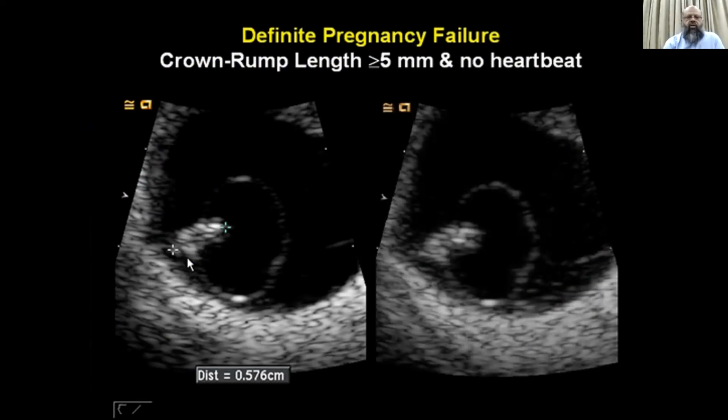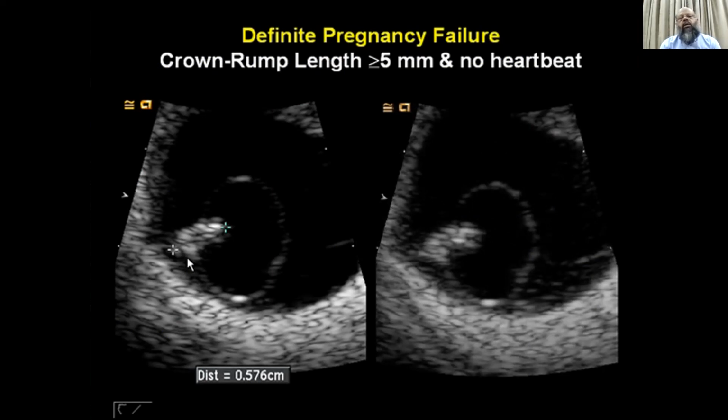In conditions where patients have no complaints, sometimes we wait for another 1 to 2 weeks. We can scan on alternate days to look for the presence or delayed appearance of the heartbeat. There are some reported cases in which the heartbeat appears a little later than in a normal gestational sac.